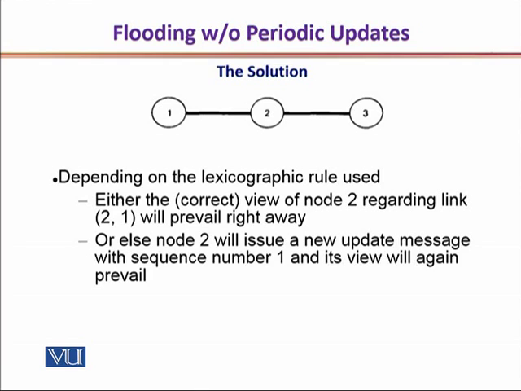And 2 will wait for a while, and then it is going to update 3 about the network state as well. What happens? Either the correct view of node 2 regarding link 1 to 2 is communicated to 3, or node 2 will wait for a while and issue a new update message with sequence number 1 because 3 takes the precedence, and its update would now be acceptable by 3, and the overall network state shall be known to all the nodes in the network.